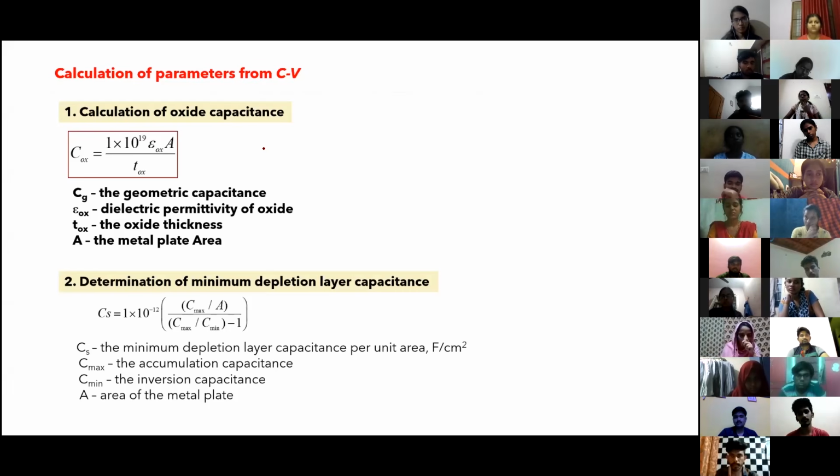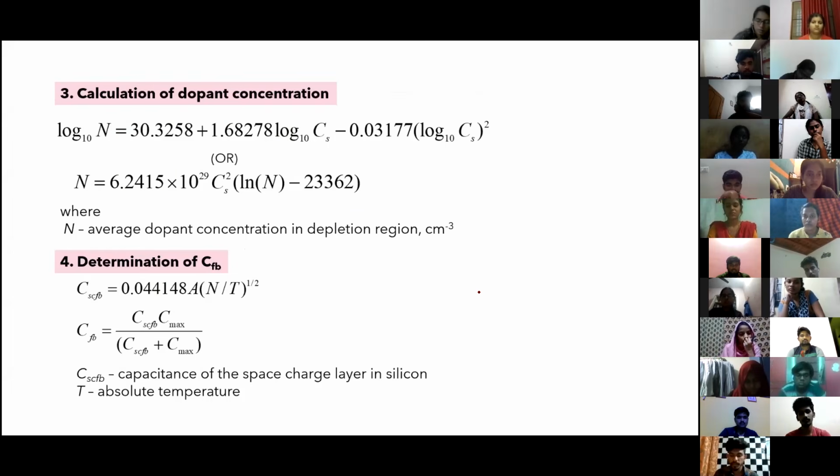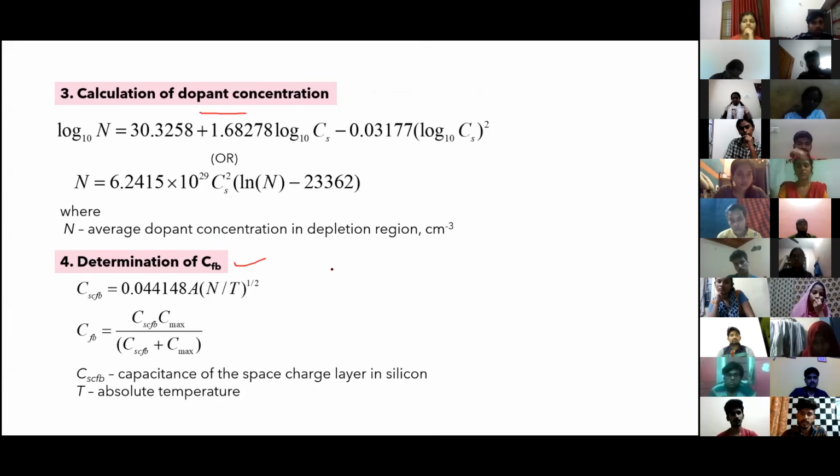Again, a few more things can be determined: the minimum depletion layer capacitance and dopant concentration, and flat band capacitance by using another formula. Once you do the CV measurement, many of the capacitor parameters can be calculated either by using a formula or by using your CV curves.